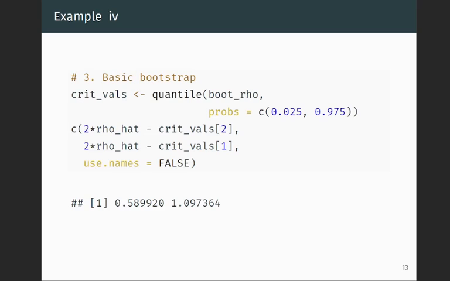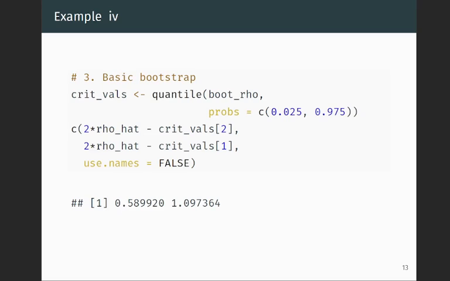And then finally, we can compute the basic Bootstrap using, again, the same quantile values. But we're using a different formula. We're using 2 times theta hat, or rho hat, minus the critical values. And here I'm using use.names equals FALSE. You can try removing that.